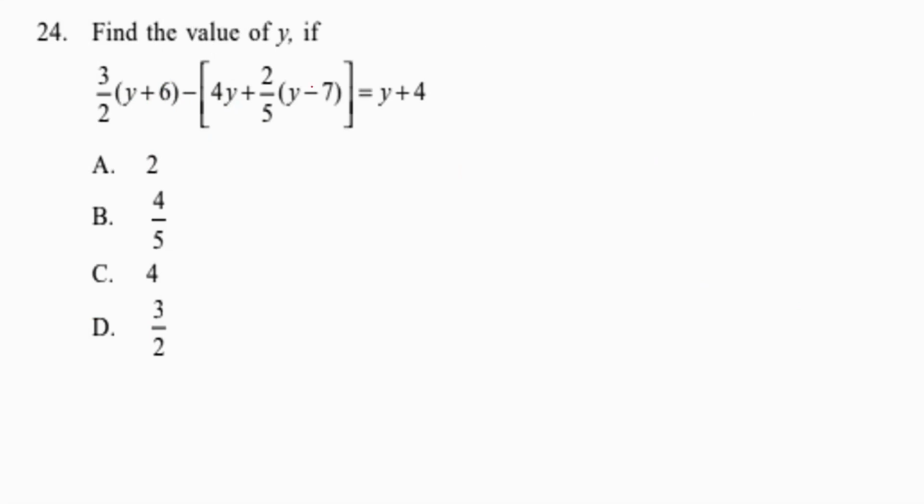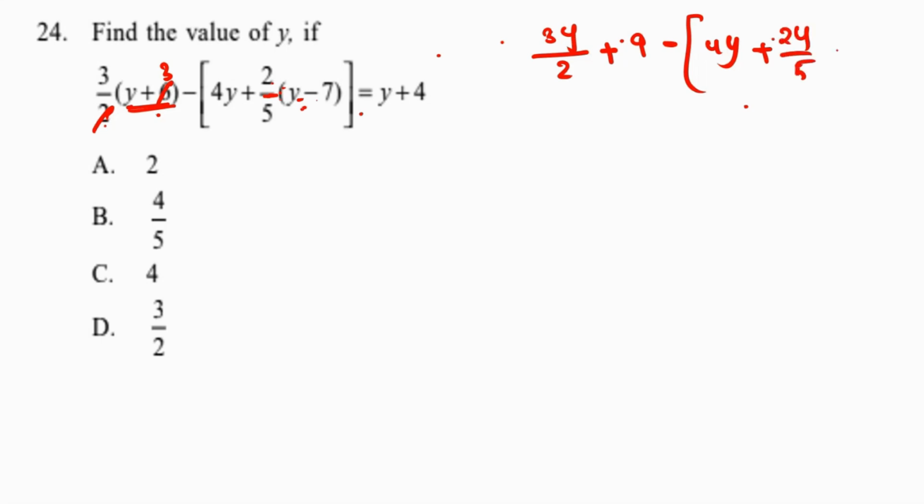The next question, number 24: 3/2 whole multiplied by y minus 6, minus 2/5 multiplied by y minus 7, equals y plus 4. That would be 3y/2 minus 9, minus 4y plus 2y/5 minus 7 times 2, 14/5, equals y plus 4.